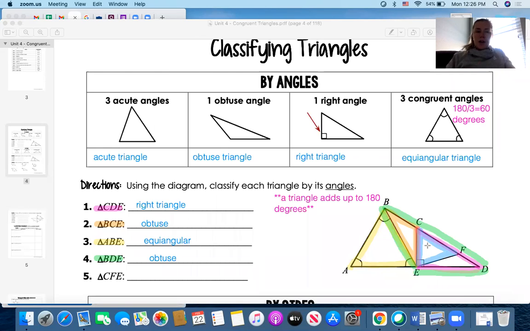So you are not correct, but I can definitely see why you guys feel that way. If you'll notice, there's a right angle right here, but some of it is in this little one right here. So it's not actually using all of it. It's cutting that right angle off. Do you see how there's like a little chunk of it right there? So this is actually what you would call acute. It's an acute triangle. So just make sure you go slow when you answer these. Go ahead and take a screenshot of this and add it into your notes.